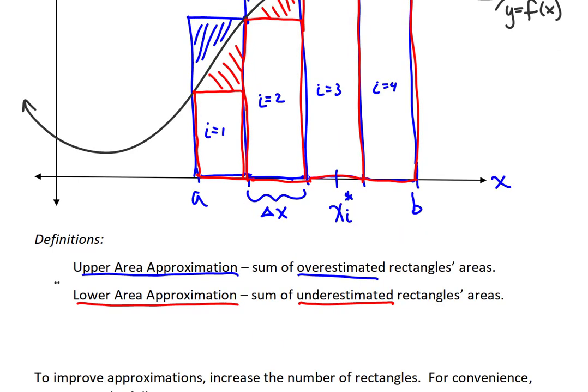But given that, let's also note here that if I could find a place in between the upper and the lower estimates, that must be where the actual area would be, right? These are approximations. One's too big, one's too small, so the actual must be somewhere in between them. And for now, we just want to understand and note that.